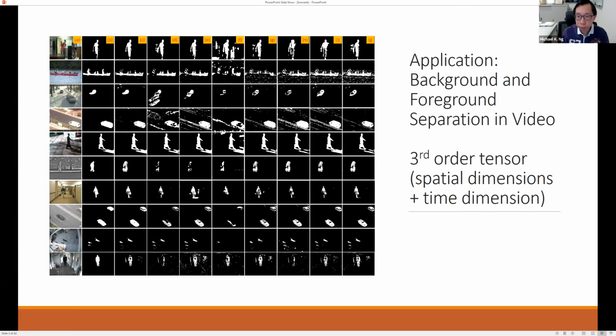That is a video, which has spatial dimensions and also the time dimension. One of the interesting things is to track people or know the movement, so you separate the background and foreground from the video. This is a third-order tensor, because you have the spatial dimensions, vertical and horizontal, and then you have the time.